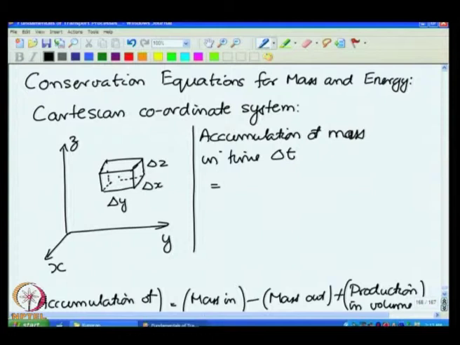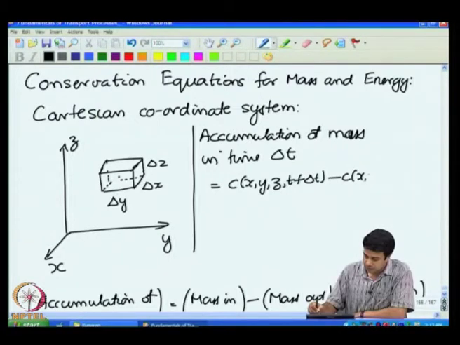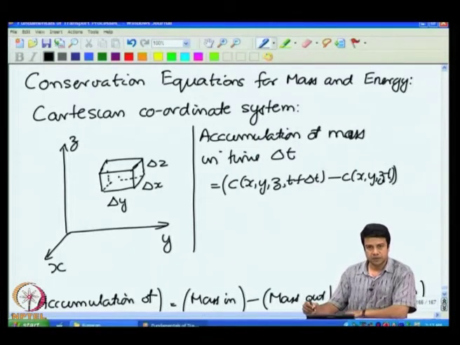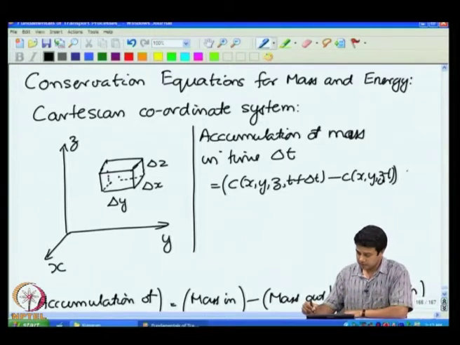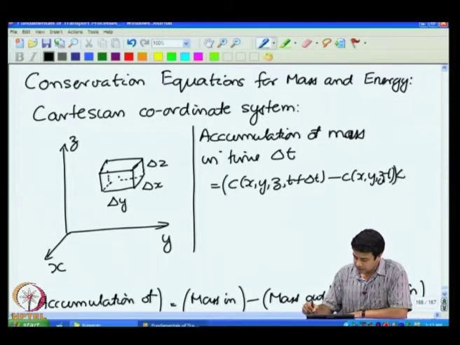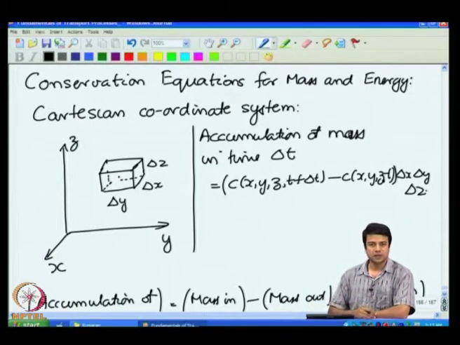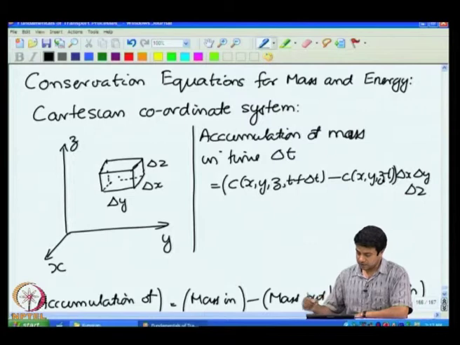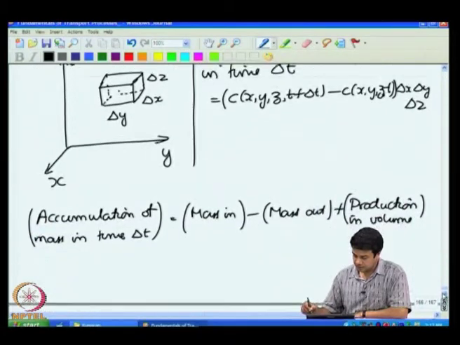So, this is going to be equal to C at x, y, z, t plus delta t minus C at x, y, z, t, multiplied by the volume. The volume of this is delta x, delta y times delta z. So, that is the accumulation of mass within the time delta t.